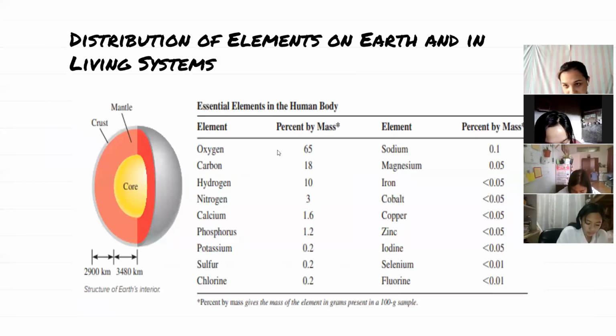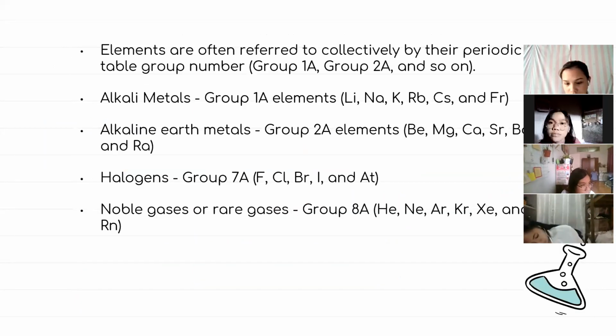So, I hope that is clear. There's nothing like this in this table. This one is only the elements that are essential in the human body. So, silicon and aluminum are not here. This is for the human body here. Okay?